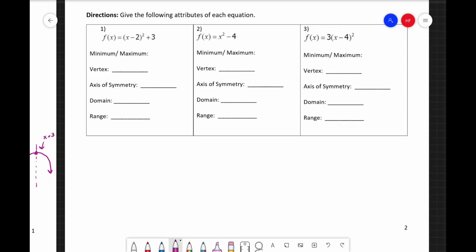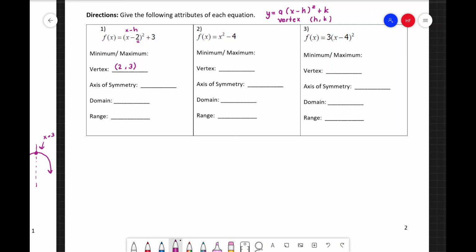So here we have, it should look like y equals a(x minus h) squared plus k. My vertex is (h, k). So on number 1, my vertex, remember it's x minus h, so it's just the value 2 and then 3.